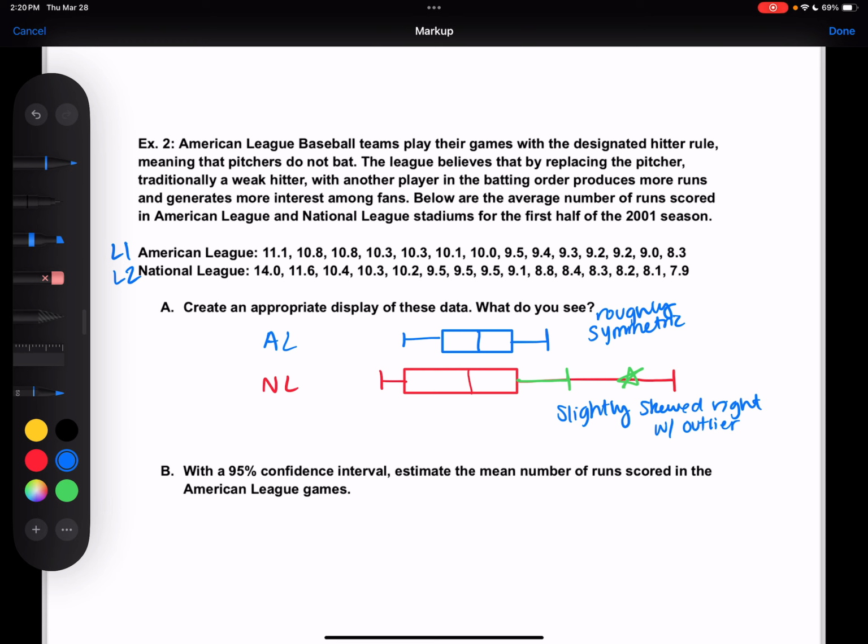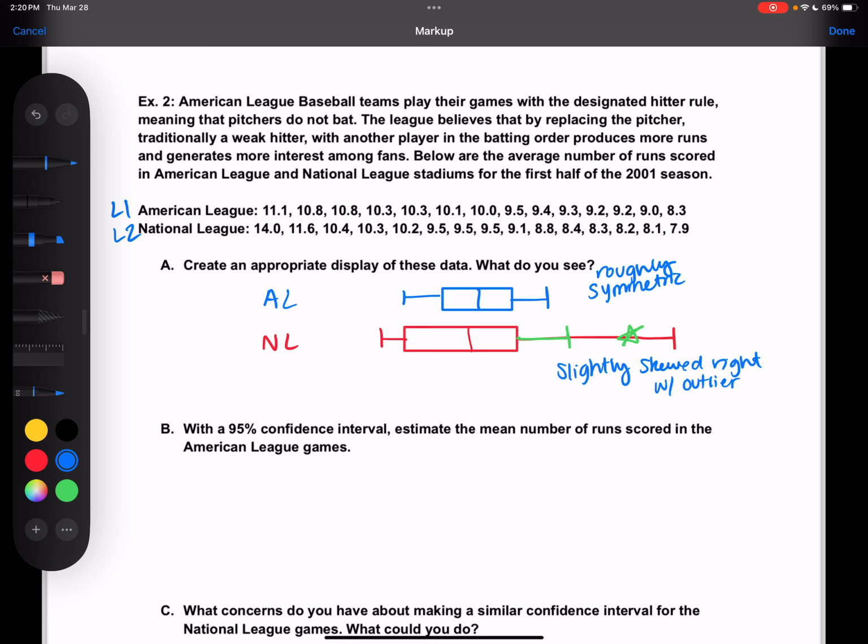With a 95% confidence interval, estimate the mean number of runs scored in American League games. Notice we're doing it specifically for American League. This is back to the last chapter of stuff, really. So, we have our confidence interval.